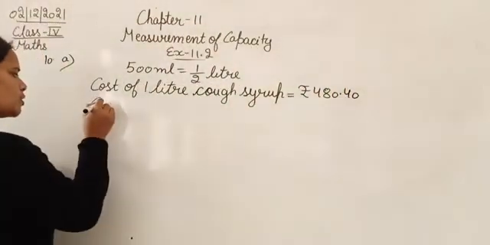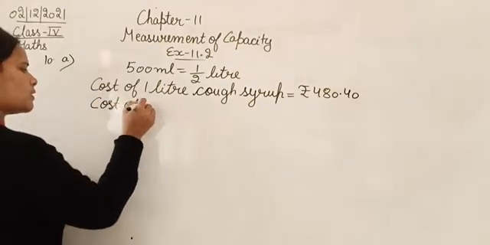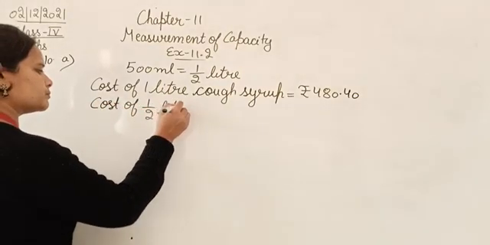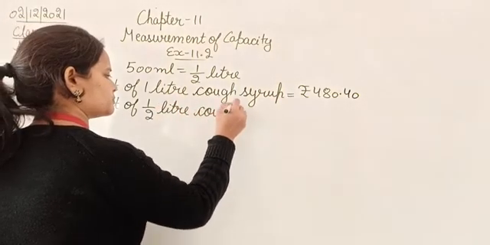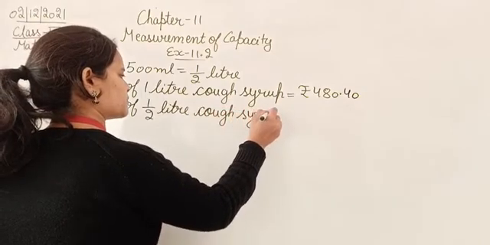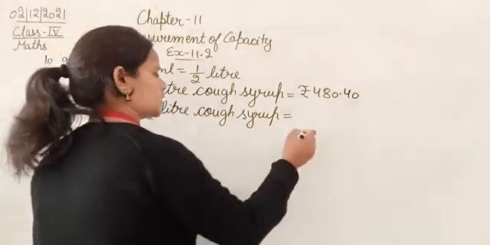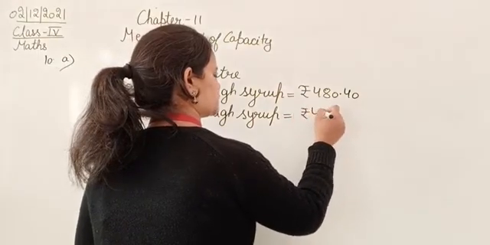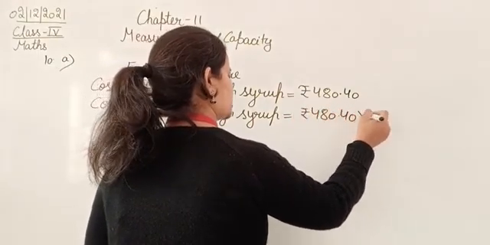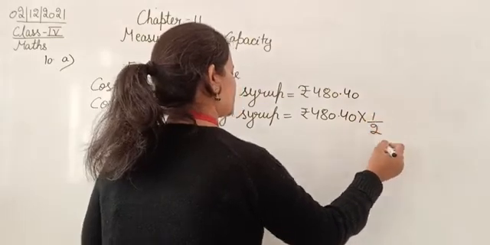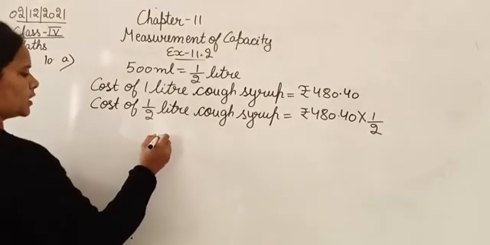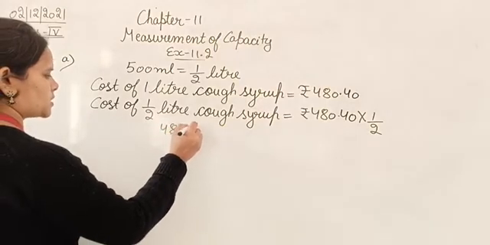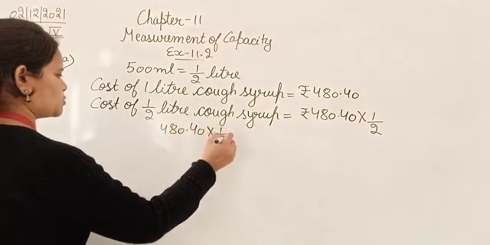We need to find cost of 1/2 liter of cough syrup. So for that we need to find 1/2 of 480 rupees and 40 paisa, that is multiply by 1 upon 2.